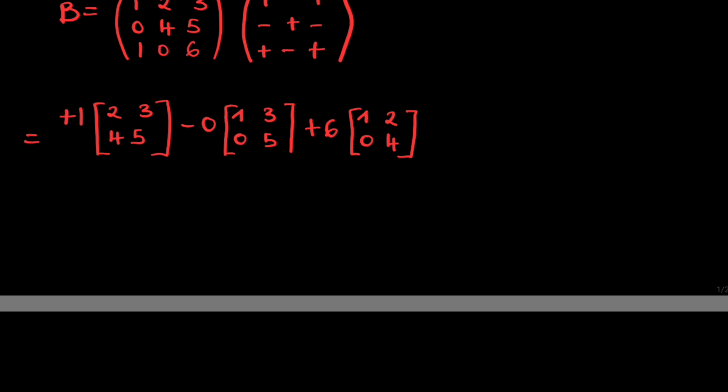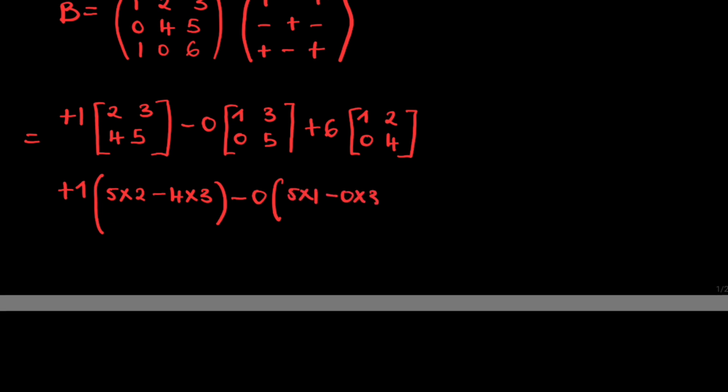Now we do normal simplification. This is a 2 by 2 matrix, so we need to look for the determinant of each. This is 5 times 2 minus 4 times 3. Then minus 0 times, 5 times 1 minus 0 times 3.